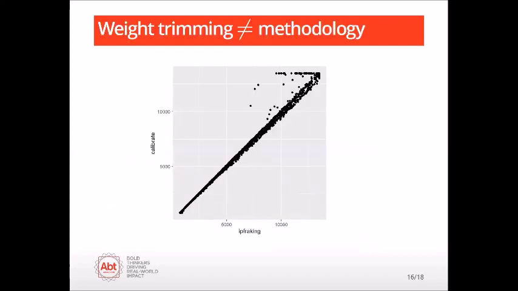So one thing that I discovered, and I've seen this before, is that weight trimming is not a valid methodology from statistical viewpoint. Every package has its own way of thinking how weights should be restricted. It's kind of bothersome. So the basic results without trimming, without trying to restrict the weights, they all were numerically identical.